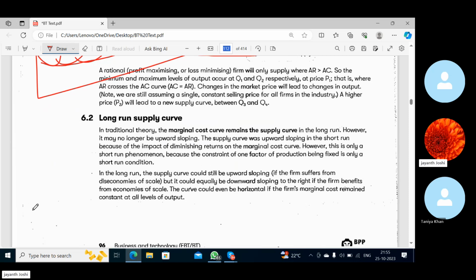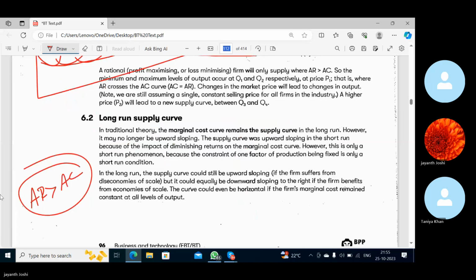So everyone would like to supply if AR is more than AC, either in long run or short run. Due to diseconomies of scale only, the firm will incur losses. Diseconomies of scale is nothing but not proper utilization of resources, or using outdated technology to make the goods, or management is not efficient in all those cases.